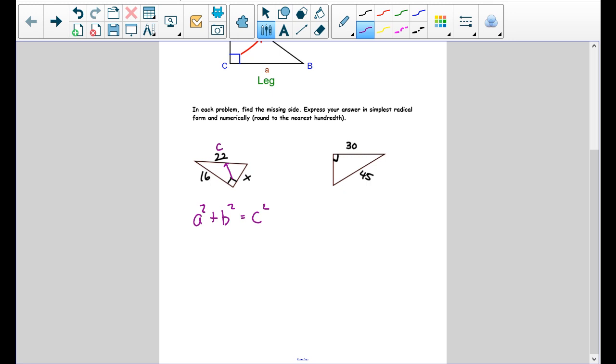So a and b are 16 and x. Doesn't matter which one. Okay? So 16 squared plus, in this case, x squared equals 22 squared.